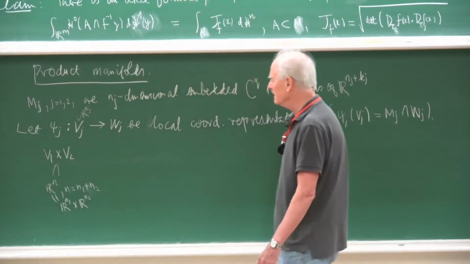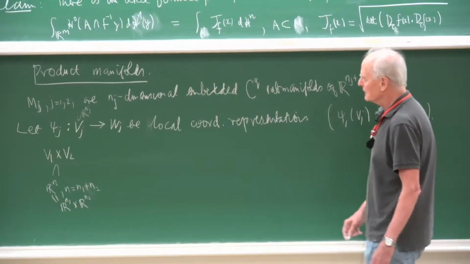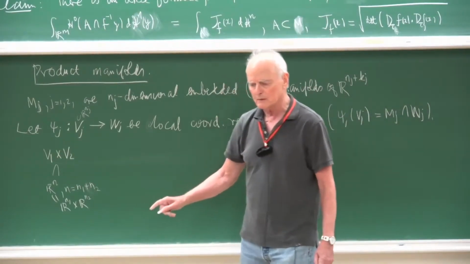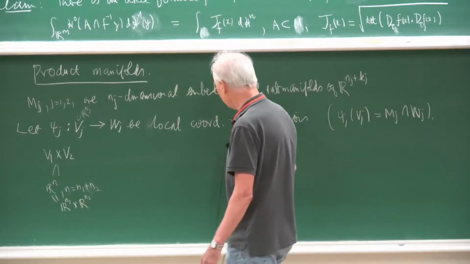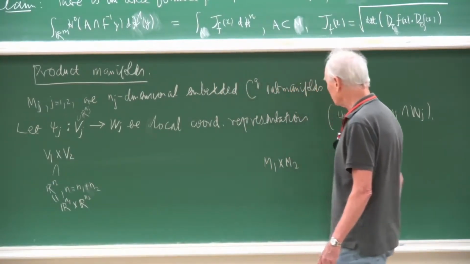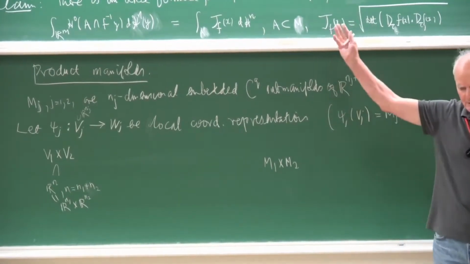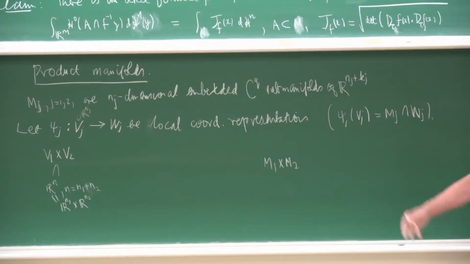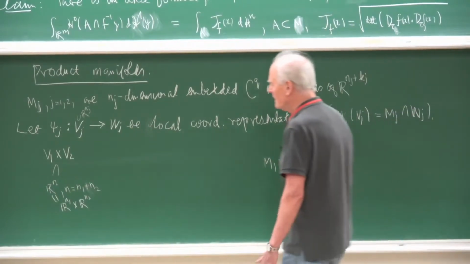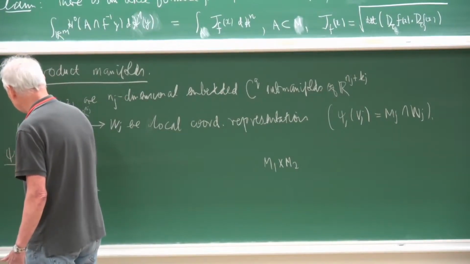So let's look at the Cartesian product. I want to cook up a local coordinate representation for M1 cross M2. I claim that M1 cross M2 is, again, a submanifold in this sense. I guess everyone believes that, but we want to check how that works out as far as local coordinate representations are concerned. So I'm going to cook up a mapping that you get just by taking the product.